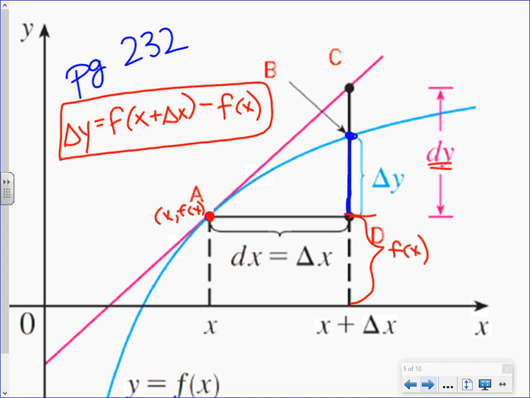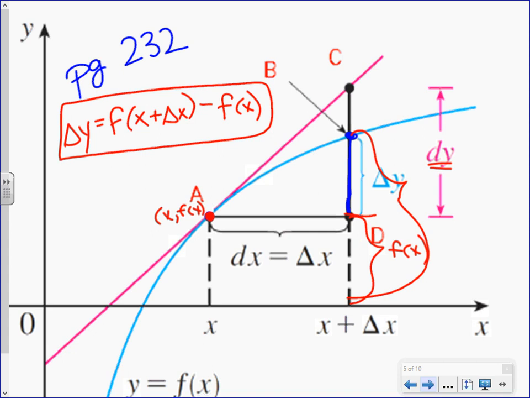If we know our function, we can take this height, f of x plus delta x, subtract out the f of x, and we have that change in y, right? Now that seems really obvious right now. Obviously that's the change in y, but we're not always going to have all of the pieces of information to find it. So this is what we need to know about this picture.